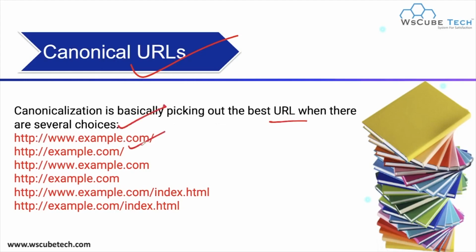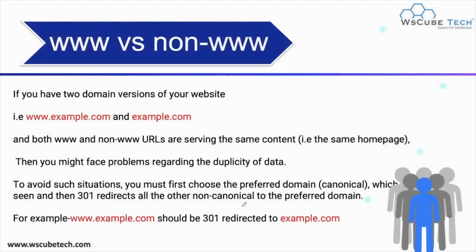Just like here, these are the examples. One with www.example.com, and this is your example.com. Again, let's suppose you have http://www.example.com and https://example.com, and here these are some examples.